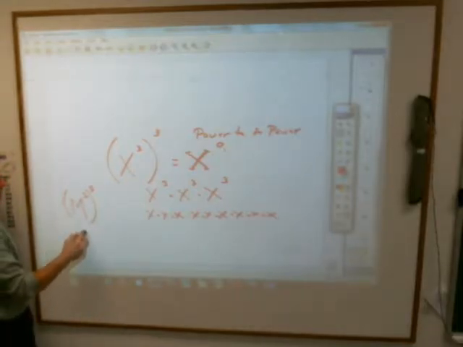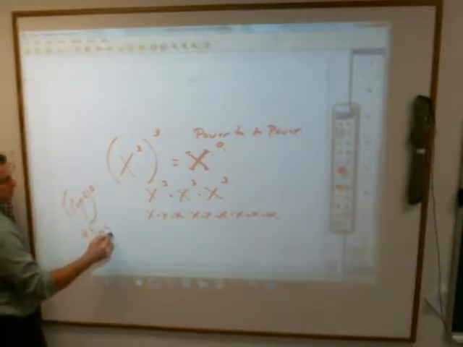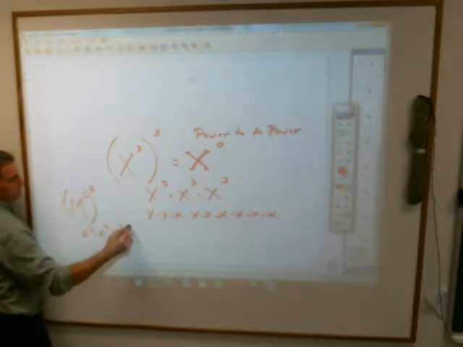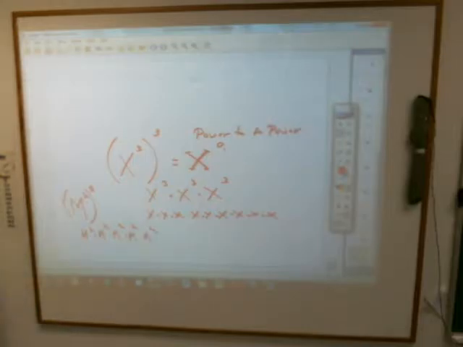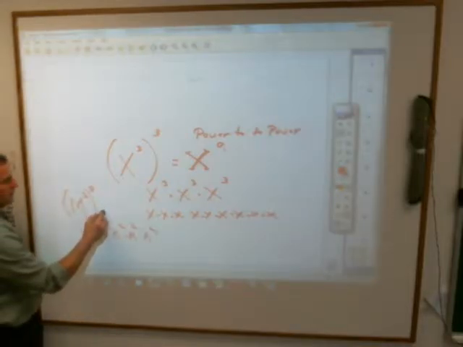If I have 5 m squareds times themselves, without writing all those m's down, how many m's am I going to get there? M to the 10th power, very good.